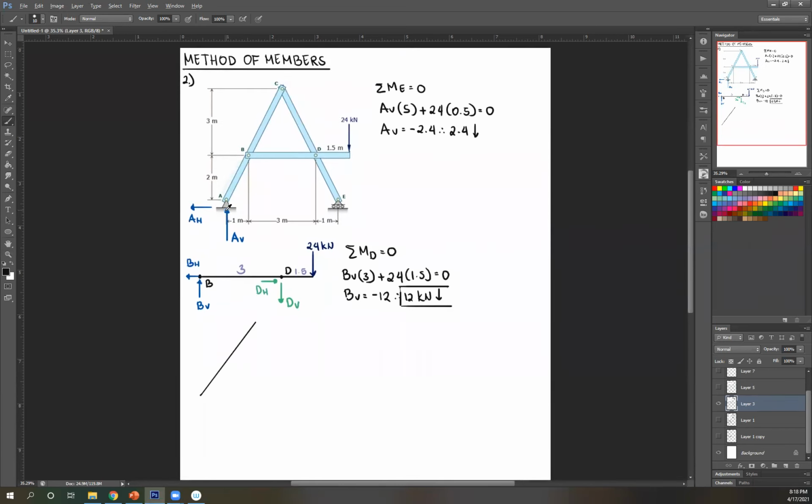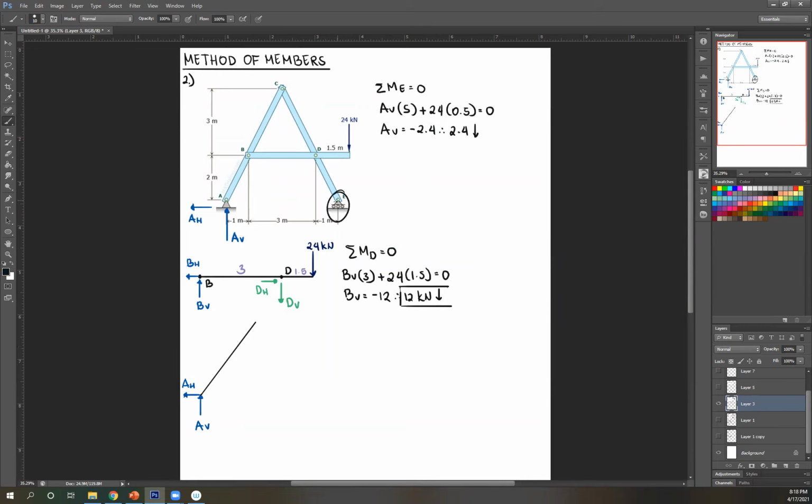So you have your AV and AH. For reactions, you don't have to worry. You're just always copying what you drew on your diagram. So AV and AH upward to the left, but take note again, that's negative. By the way, what's AH?